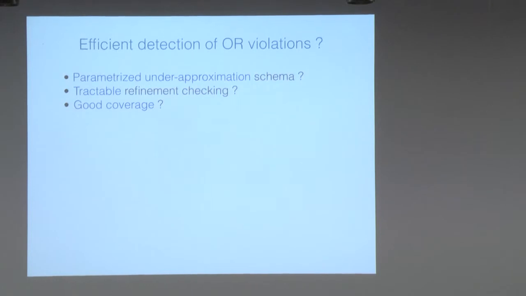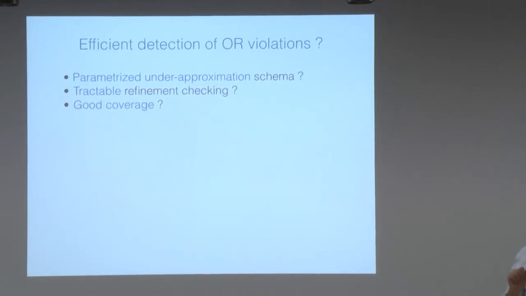What we want to find is an efficient method for detecting observational refinement violations. The question we ask ourselves is the following. We want some kind of under-approximation scheme that allows you to under-approximate the set of behaviors that you have to examine.